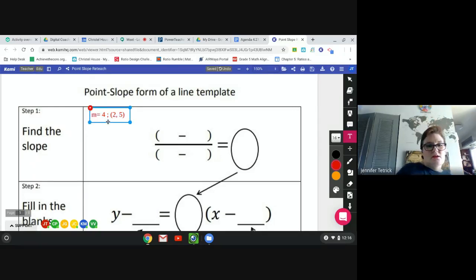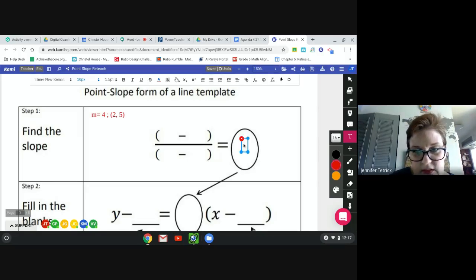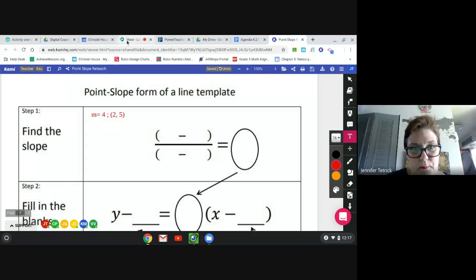Okay, so it says find the slope. Do I need to find the slope in this information? You can type it on the side. If I'm giving you letter M, do I need to use this first box?